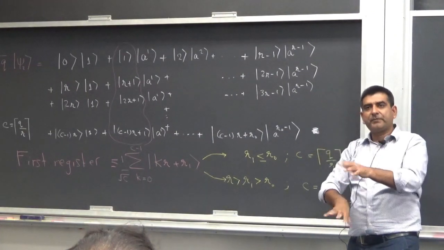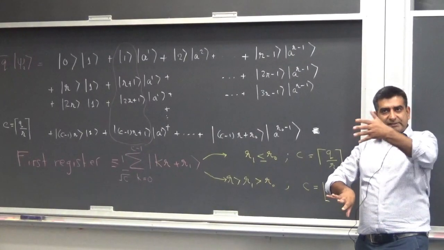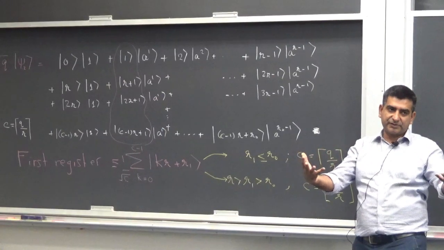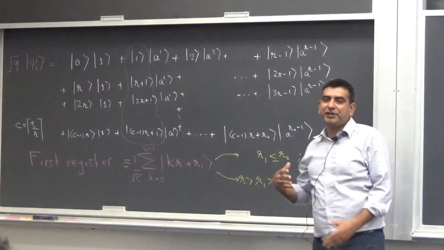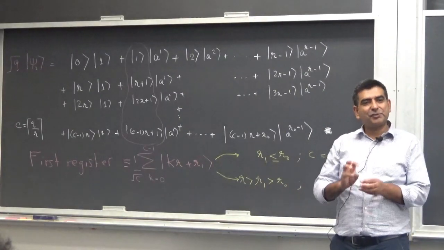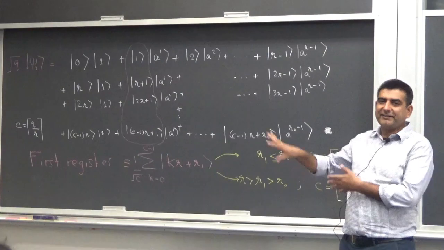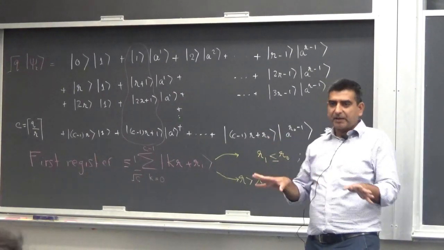So now I collapse the entanglement by measuring one register, now I get certain states on the first register. And now I'm going to do something with the first register. In fact, I actually don't need to do a measurement. If I just look at a subspace of an entangled system, exactly the same thing happens. And when we deal with density operators, this will become a bit more clear.